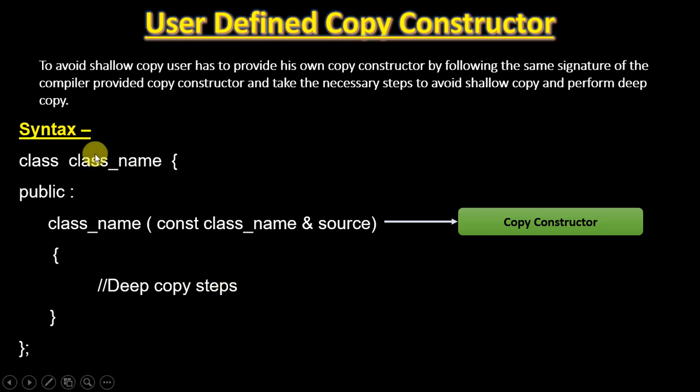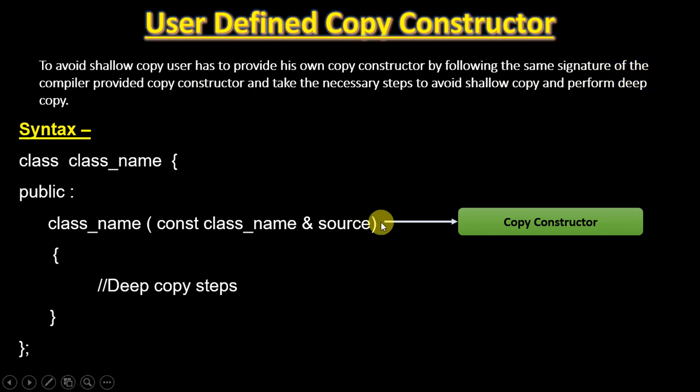So just observe the syntax here. This is class name: public class name, const class name, reference source. So this is the copy constructor syntax, and here you have to provide the deep copy steps. Now one more point you have to remember. To avoid shallow copy, the user has to provide his own copy constructor by following the same signature as the compiler provided copy constructor.